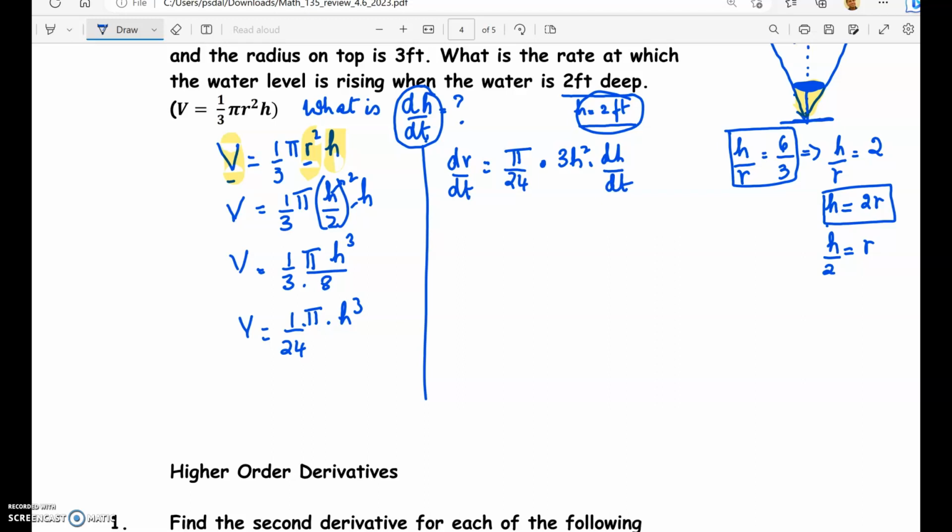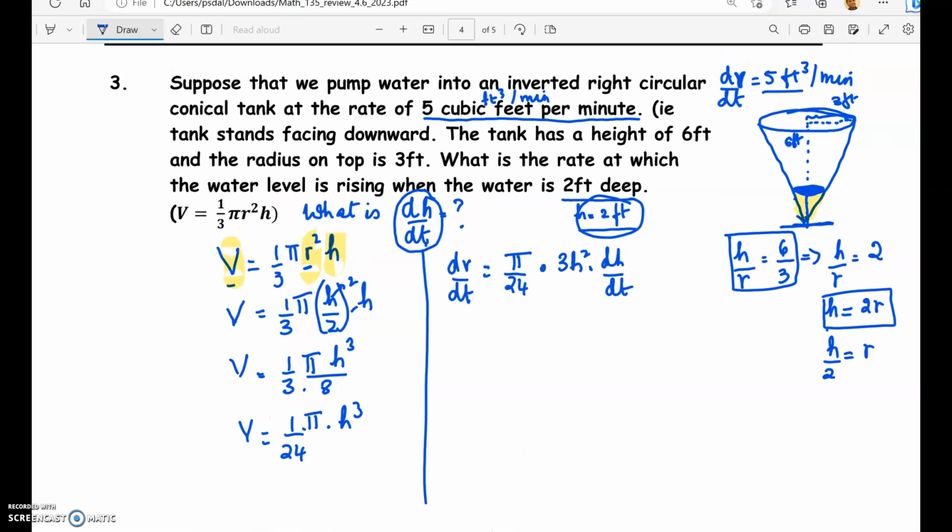Now we plug in whatever we know. So dV by dt is 5, equals pi over 24 times 3, h is 2 feet, so 2 squared, times dh by dt, which is the unknown.